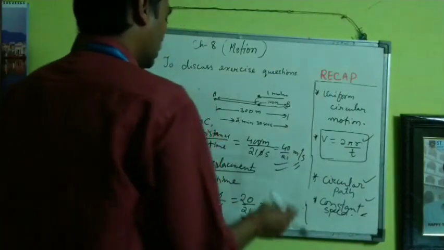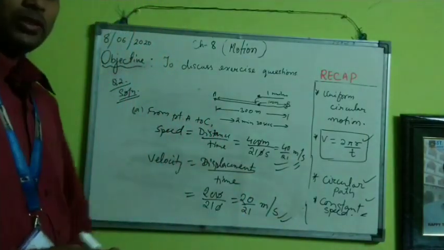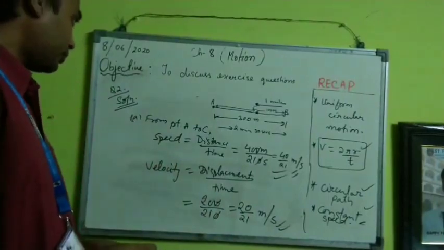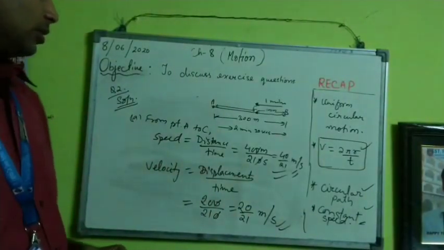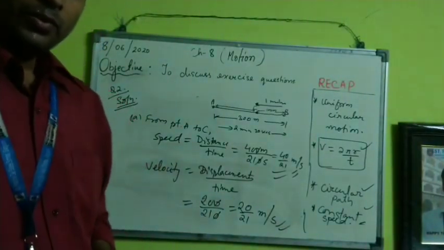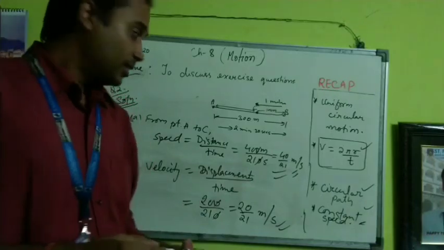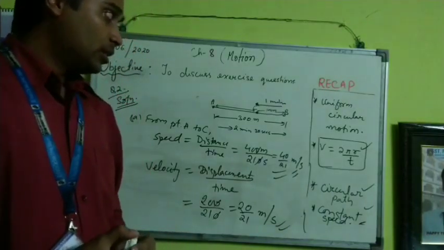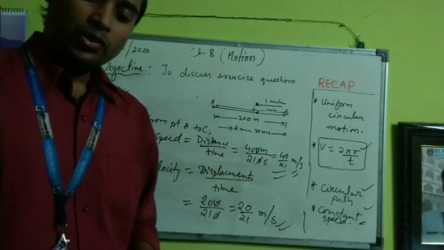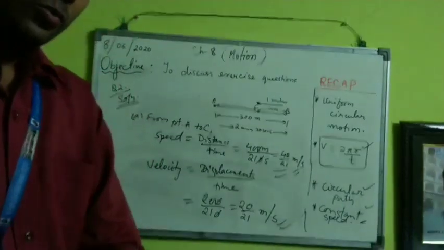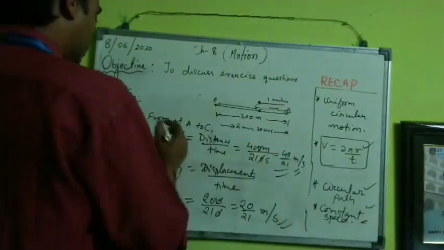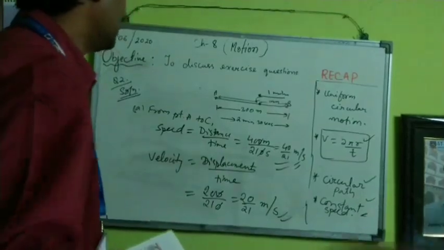So this is the solution of question number 2, and in the next class we'll discuss a few more questions of the exercise. You have to do a few questions as homework, so just write down the homework questions.